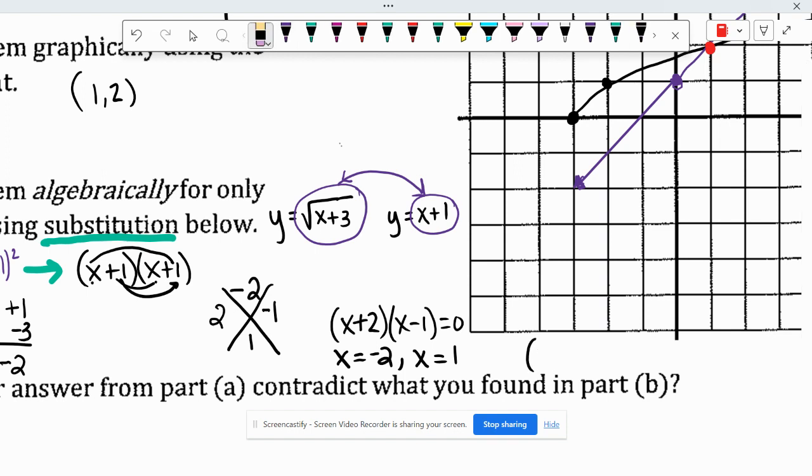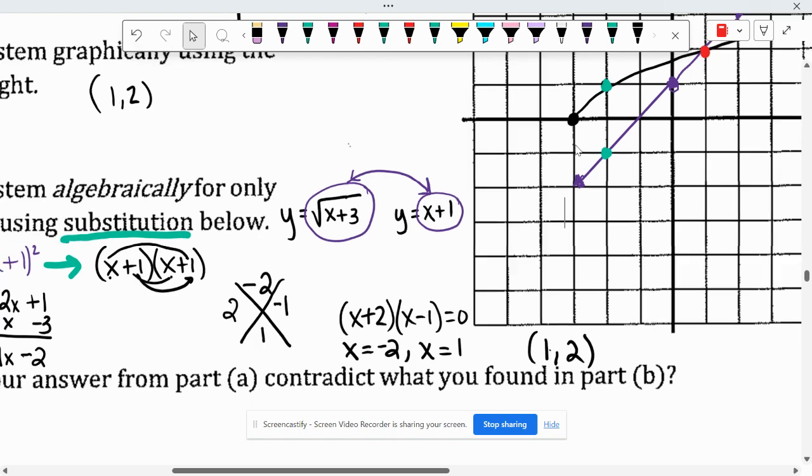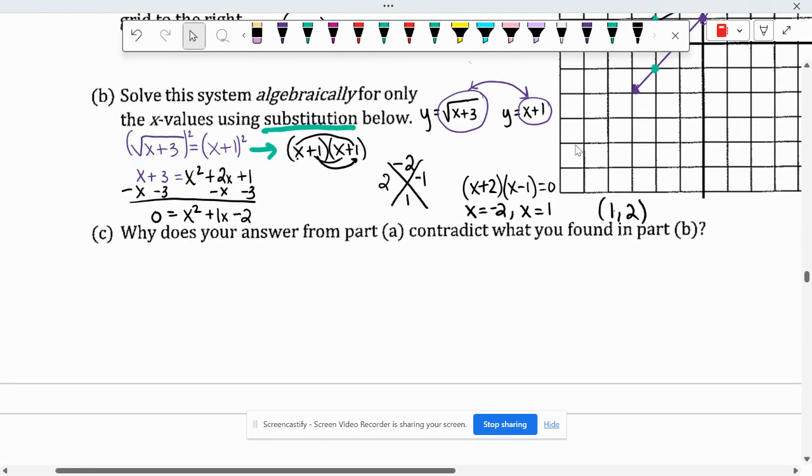We know that from our graph. But when x is negative 2, y equals positive 1 on the square root equation and negative 1 on the linear equation. Do you see how the solutions don't line up?